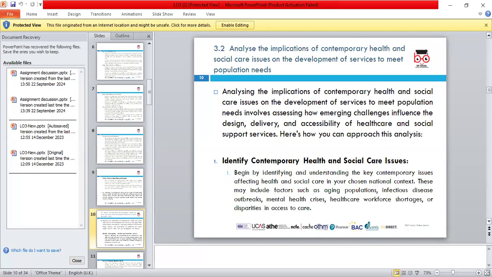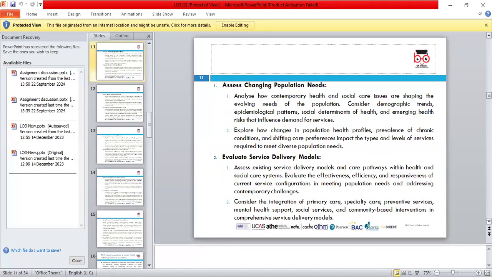Okay. Then let's look into identifying the contemporary health and social care issues, which we've spoken about already. But we are going to analyze those implications. So let's look at changing population needs. We want to analyze how the contemporary health and social care issues are shaping the evolving needs of the population.